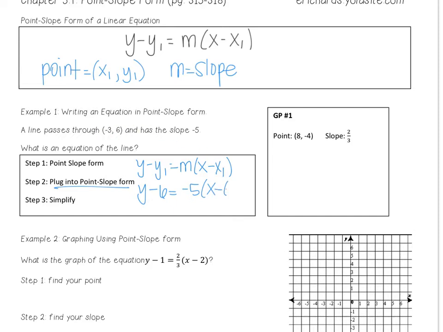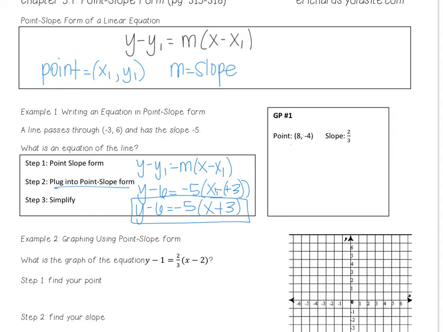So that's going to be minus negative 3. Then we simplify. So y minus 6 equals negative 5 times x plus 3, because minus and negatives add the opposite. And that's your final answer.